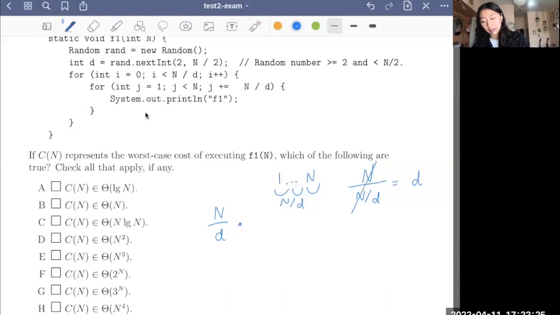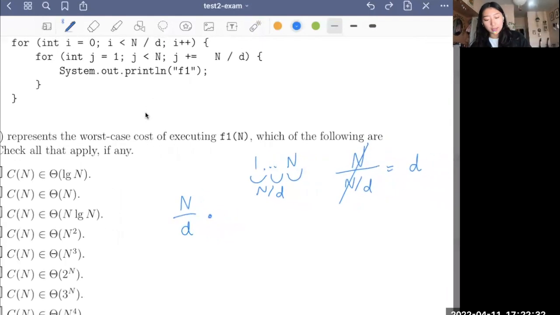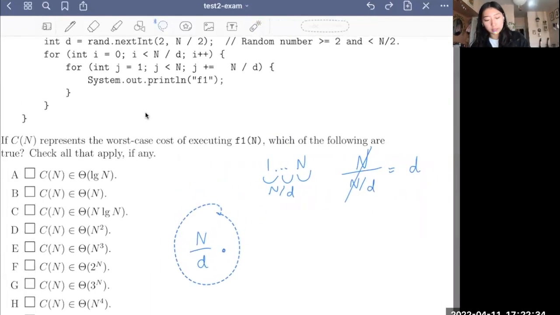Because n divided by n and then the d moves on top. It's all math stuff. I'm not good at math, but that's what we get. And so basically the inner loop does d work. The outer loop happens n over d times. And so in total, outer times inner gives us n work.